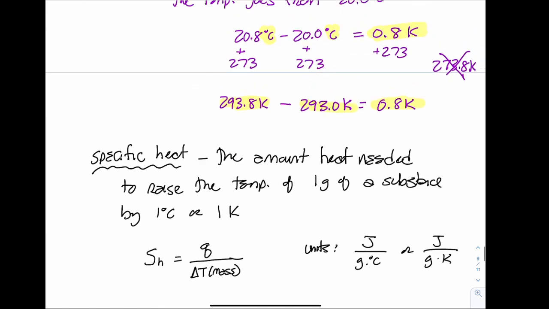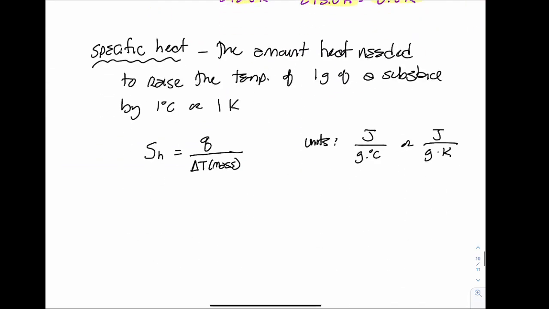I could also take both of these and rearrange them to solve for Q, right? Q would be equal to, I'm just going to multiply both sides by delta T and my mass.